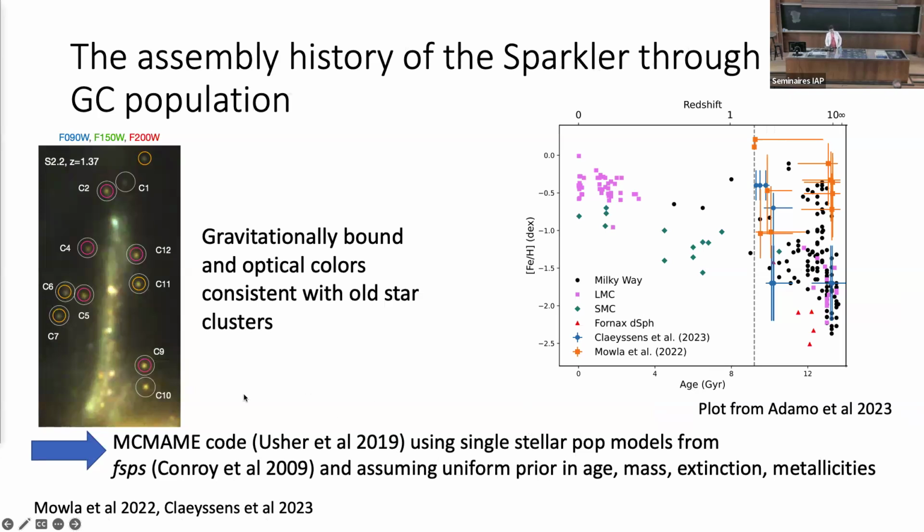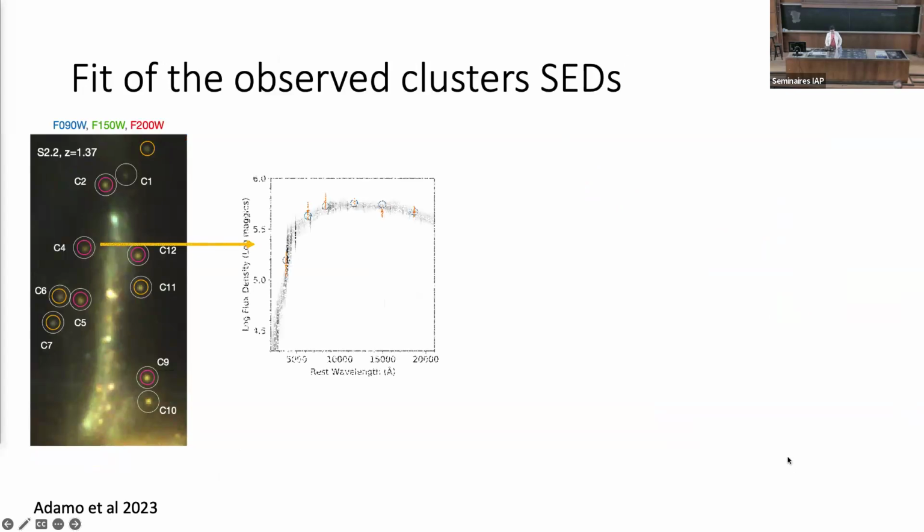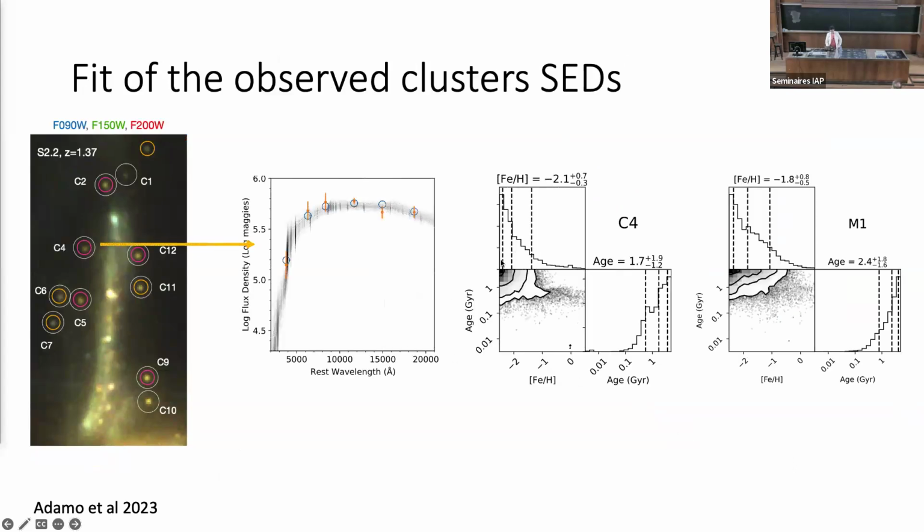This is a Bayesian code where we assume flat priors in age, mass, extinction, and metallicity. What we find for this object is that there is no convergence in the fit, and that is what caused the difference in the results.